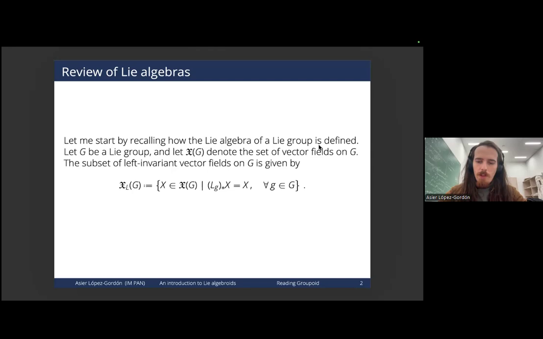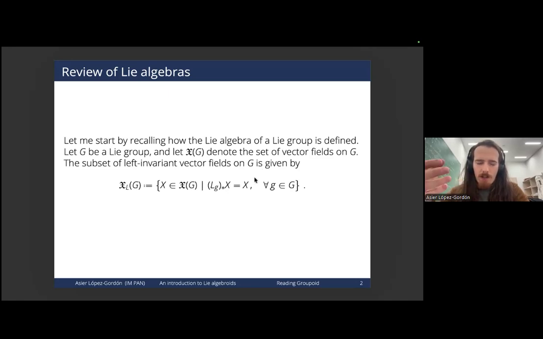Probably several of you know this, but just in case, if we have a Lie group, we consider the set of vector fields on G and the subset of left invariant vector fields, which means that if we act by the push forward of left translations, they do not change.